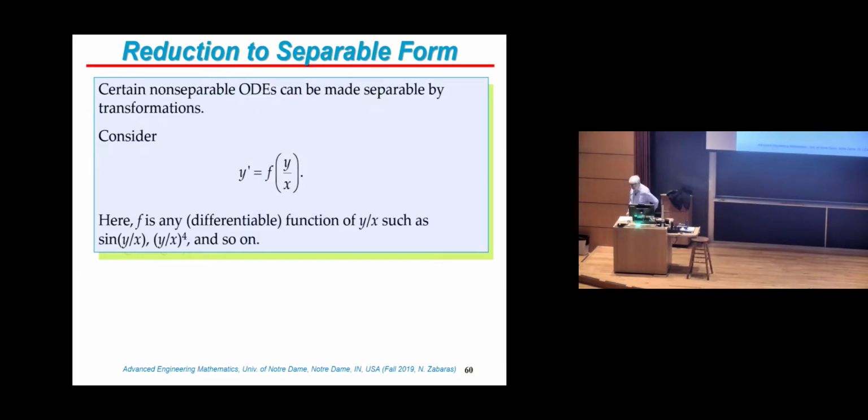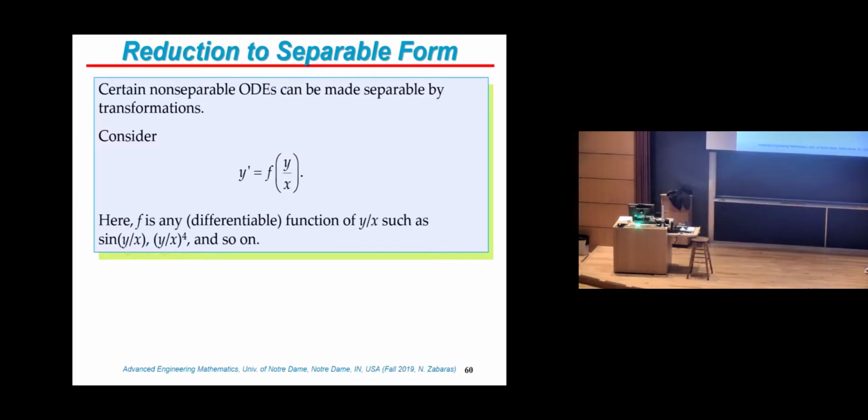So let me take an equation that doesn't look separable, but maybe it is separable if you think for a few minutes. My equation looks like y prime is some function of y over x. Obviously f can be anything. Really this is a nonlinear equation, because if f is quadratic, I'm going to be getting y over x squared.